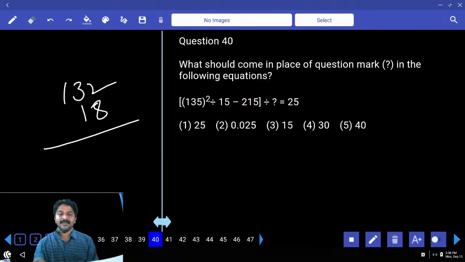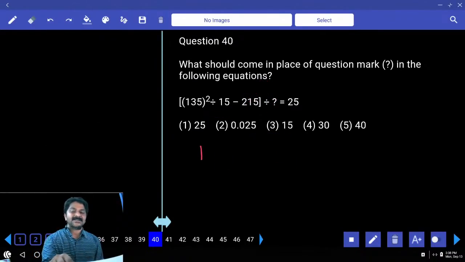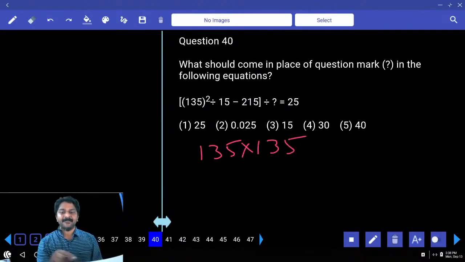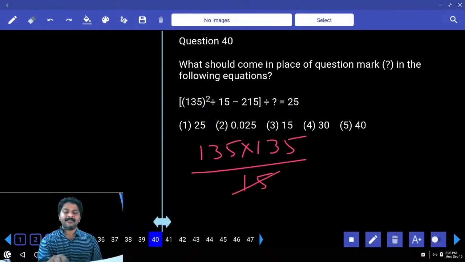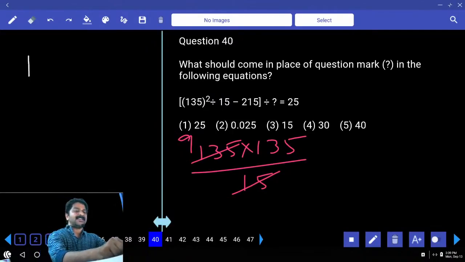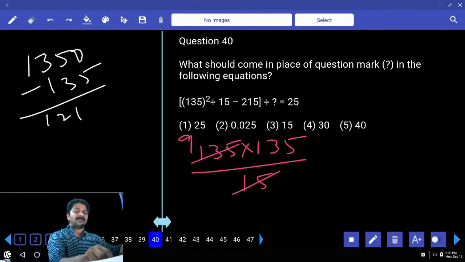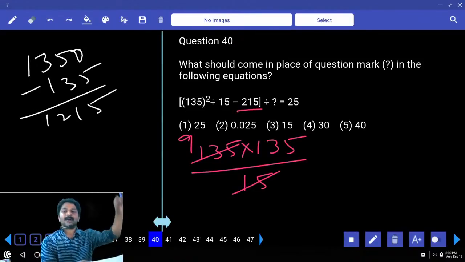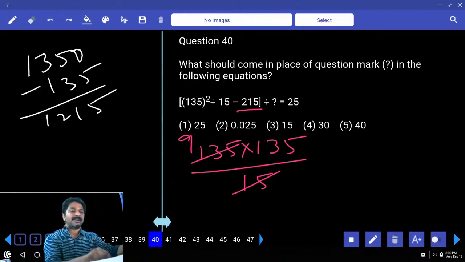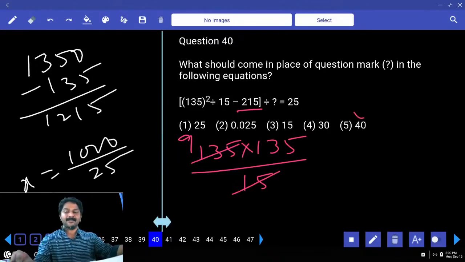Next, 135 square can be written as 135 into 135 divided by 15. We have 15 9 times, 135 9 times, in the sense take 10 times minus 1 time, that is equal to 1215, minus 215, 1000 by x is equal to 25, then x is equal to 1000 by 25, which is equal to 40, fourth option.